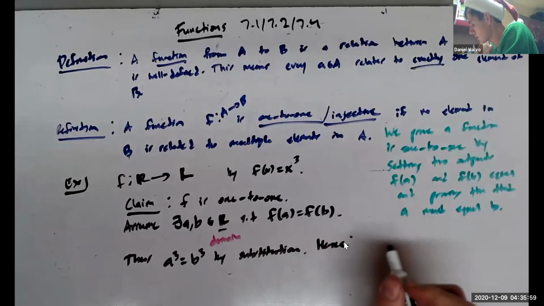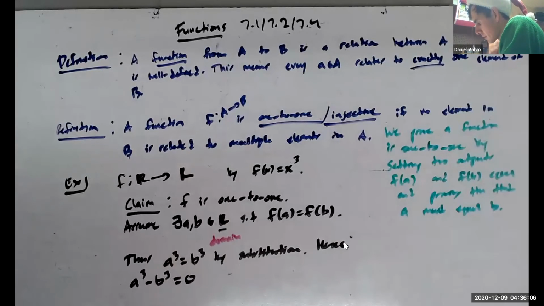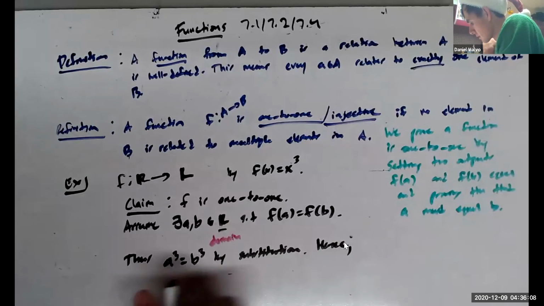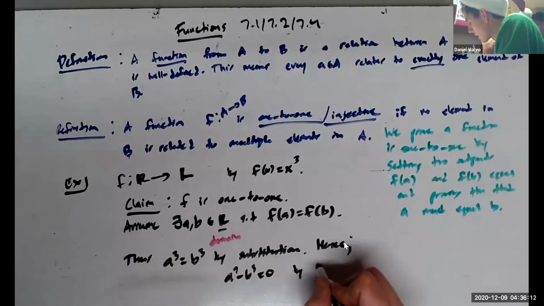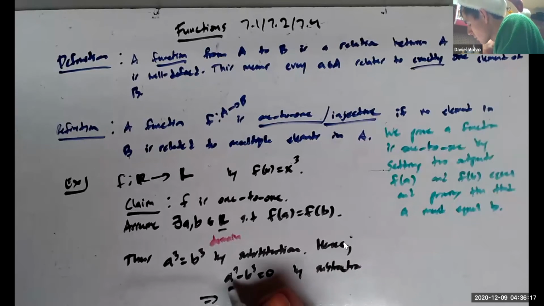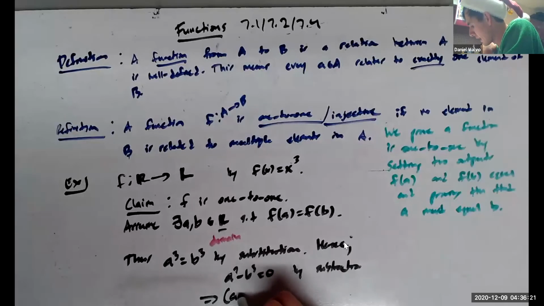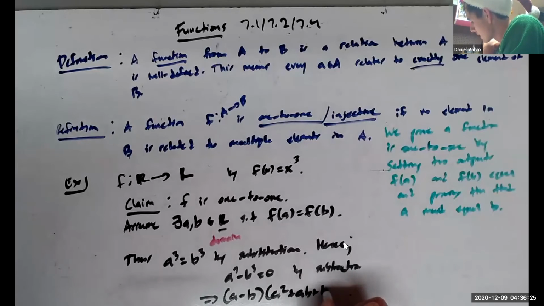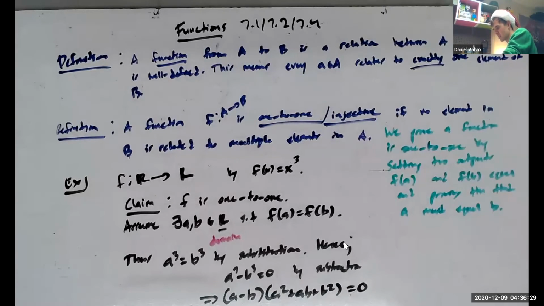Hence, A cubed minus B cubed must equal 0 by subtraction. And that implies, if you guys remember factoring rules, that A minus B times A squared plus AB plus B squared equals 0.